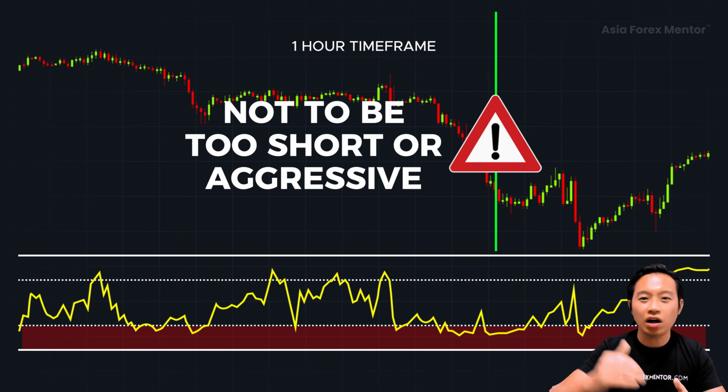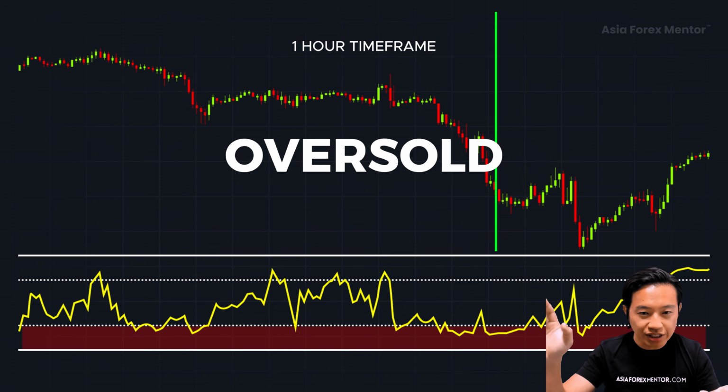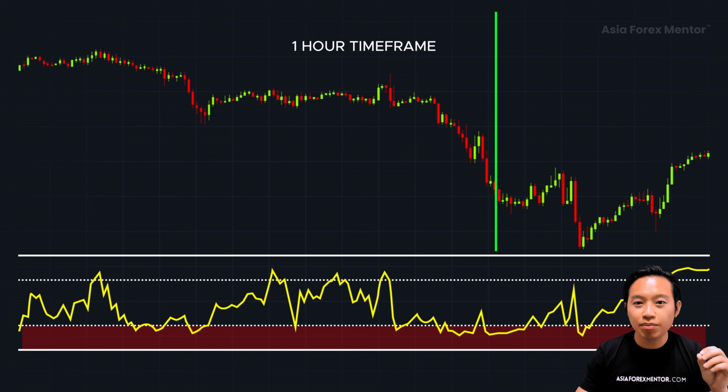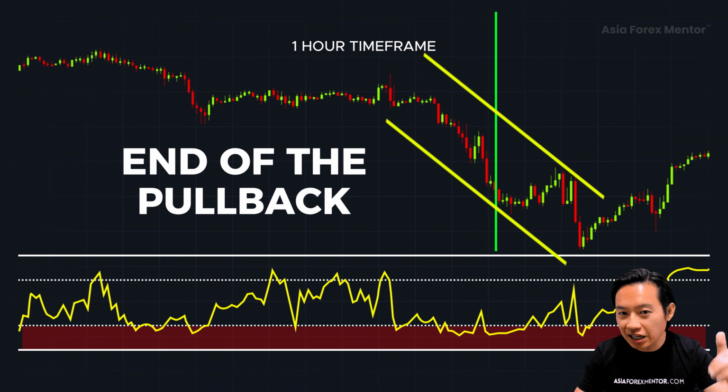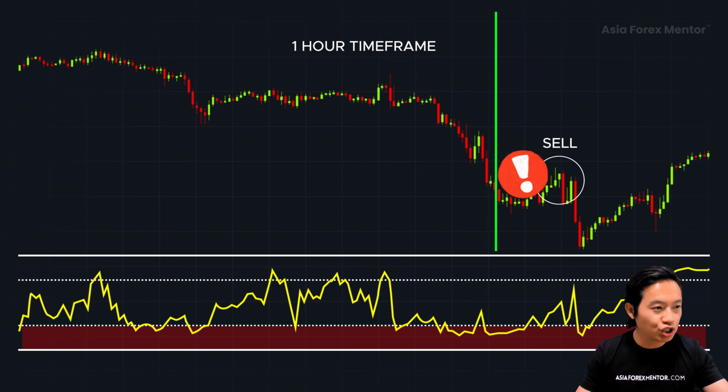As the stochastic on the higher time frame signals what? Oversold conditions. So this suggests that the market may be nearing the end of a pullback, increasing the likelihood that the uptrend will resume. In this case, you might want to avoid taking a short trade, a selling trade, entirely.